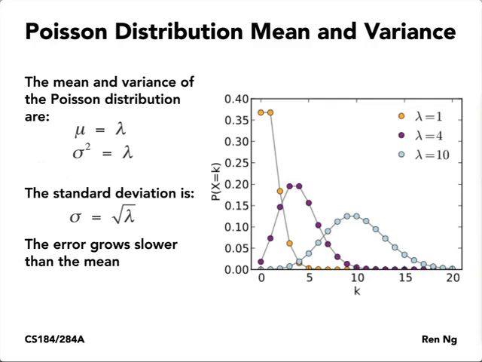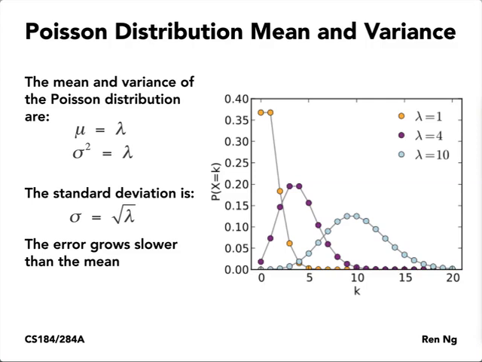Once it's a reasonably large number, say lambda over 10, the Poisson distribution is very well approximated by a normal distribution where the mean and the variance are equal to the expected number of events. The standard deviation is given by sigma equals the square root of the variance. So sigma is equal to the square root of the mean number of events.